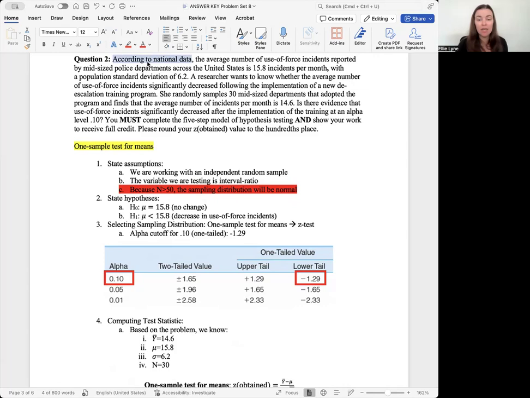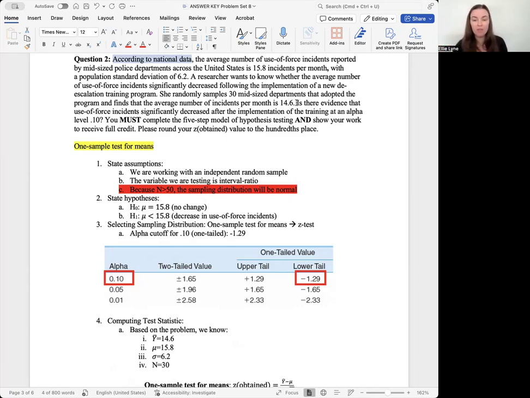I see national data, the average number of use of force incidents reported by mid-sized police departments across the United States is 15.8 incidents per month with a population standard deviation of 6.2. So now she randomly samples 30 mid-sized police departments that adopted a new training program, and that incident per month is 14.6. And so that's what we're working with here. We have one group versus the entire population.